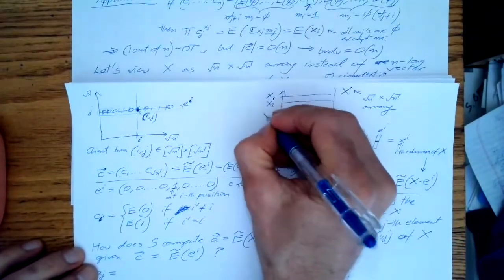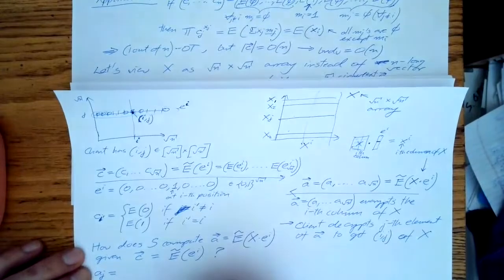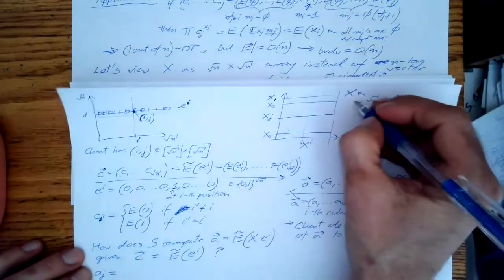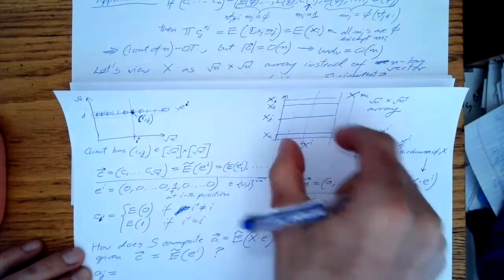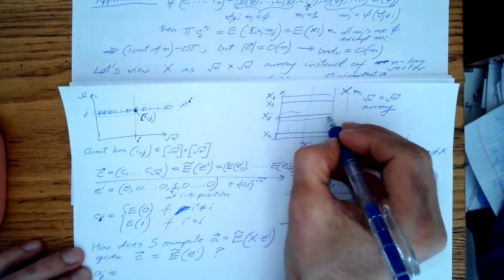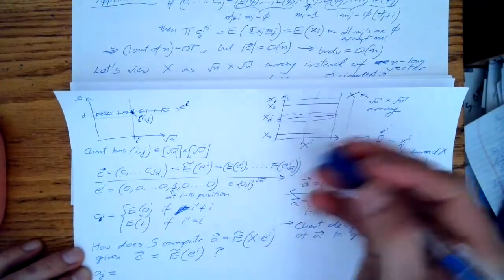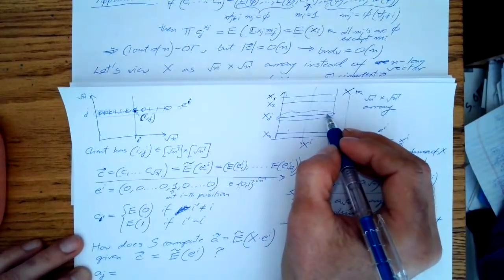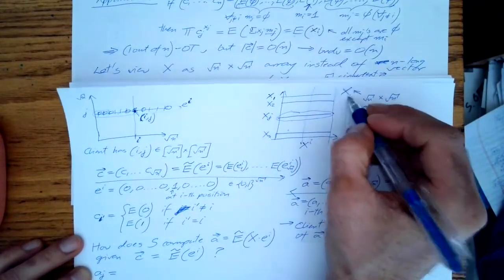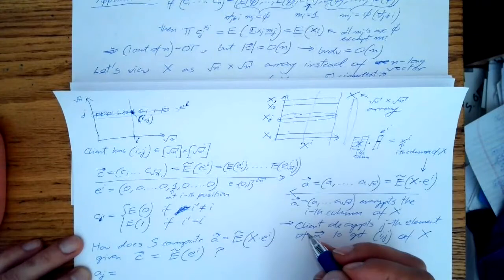I take the jth row and this encrypted indicator vector, and I basically multiply under encryption the jth row of X with this encrypted indicator vector.